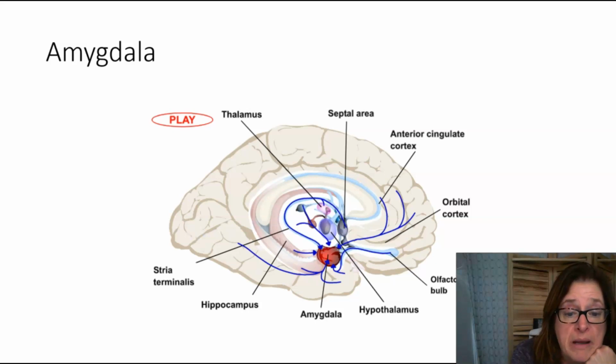It has a role in memory. When the amygdala is strongly activated, like when somebody has a very big traumatic event, the amygdala can disrupt memory processing, leading to a lack of consolidation of memory.